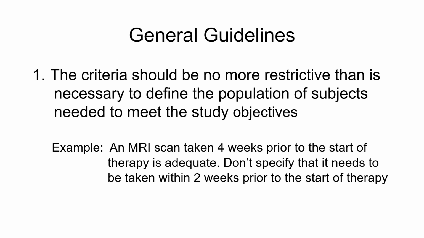You don't have to specify that it needs to be taken within 2 weeks prior to the start of therapy. Otherwise, this would unnecessarily decrease the number of subjects who would otherwise be eligible for the study and consequently produce less data or insignificant amount of data.